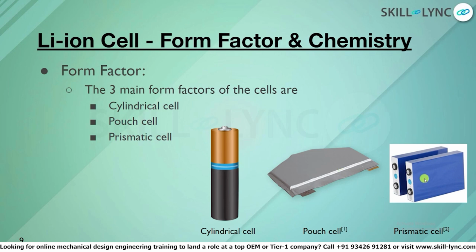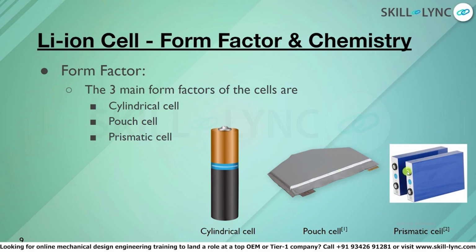Same is the case with the prismatic cell. A prismatic cell can hold a capacity of 200 Ah. And if you see how much capacity is held in a prismatic cell, it is way higher than the cylindrical cell. But the common difference you might have noticed is that a prismatic cell has a shell which is like 0.8 mm thick. An aluminium can is used for a prismatic cell, whereas for a pouch cell, a thin aluminium sheet is used.